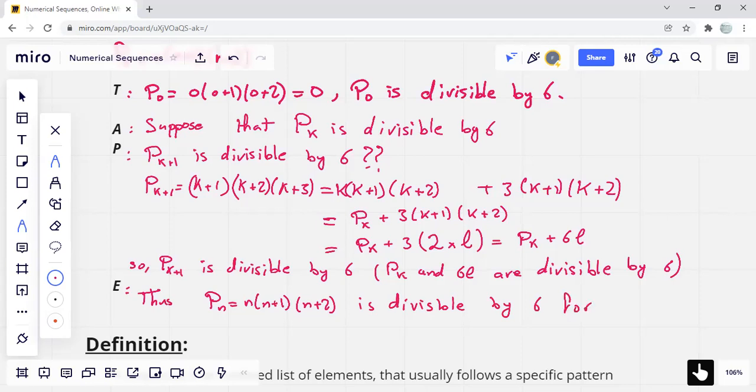Okay, for any n belonging to this set N, it means the set of all natural numbers.